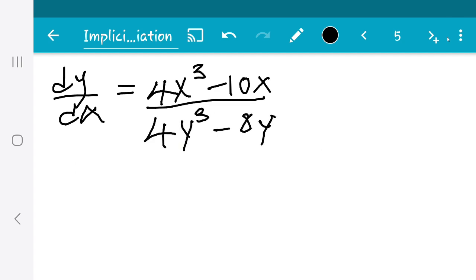Okay. So how can we simplify that? 4, 10, 4, 8, they are all multiples of 2. So we can take out 2 on all of them.